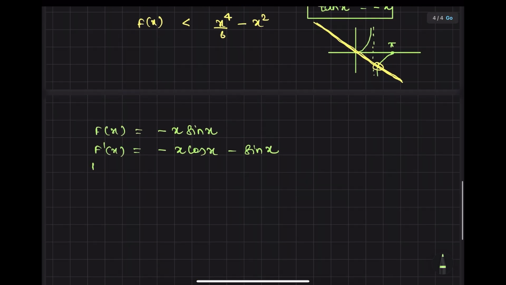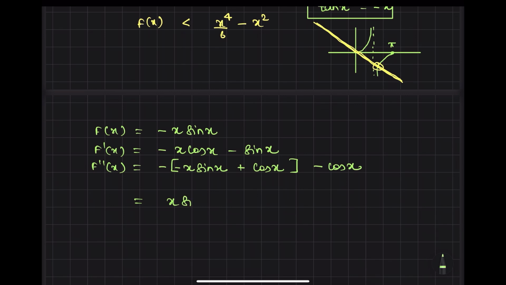Now we have to find out f double dash, so we will do one more differentiation. We will take minus common. First function times differentiation of second function, plus second function times differentiation of first function, and then we have cos x. So this thing will become plus x sin x minus cos x minus cos x. This is your f double dash x.